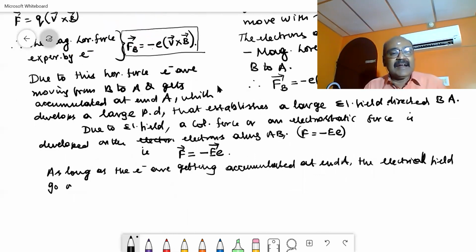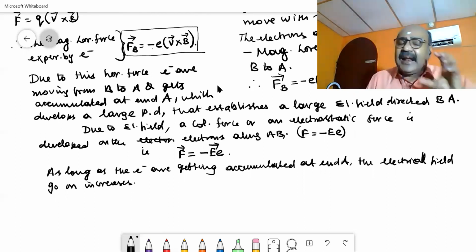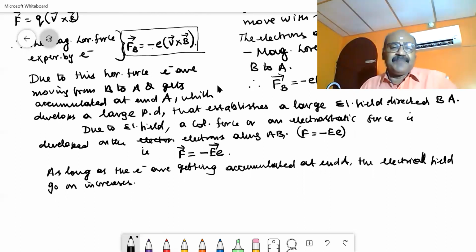As the electrical field goes on increasing, what will happen? How long does this electrical field go on increasing? It goes on increasing till an equilibrium is reached. What is that equilibrium?